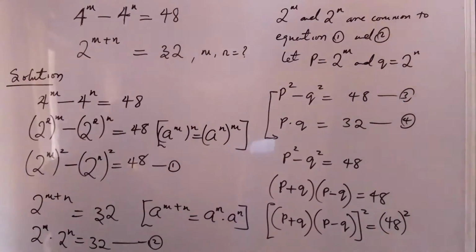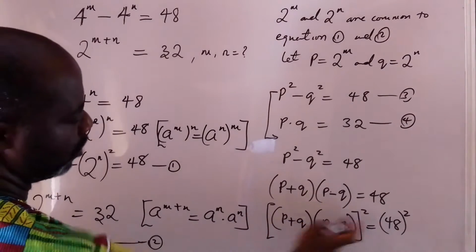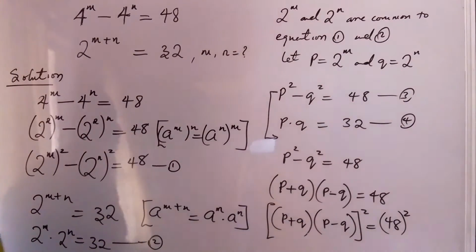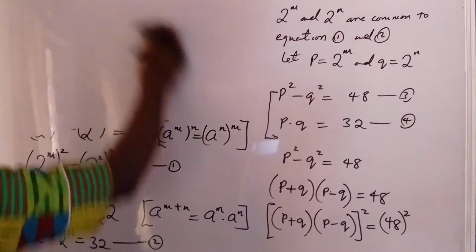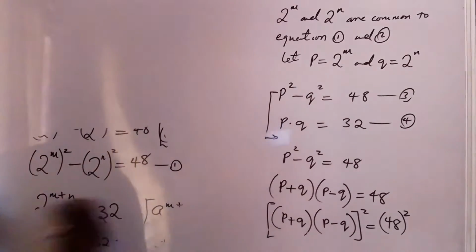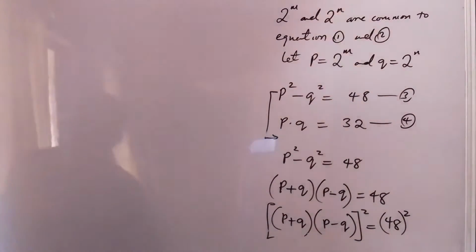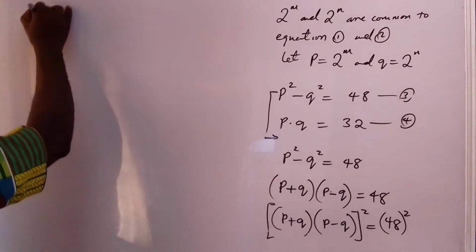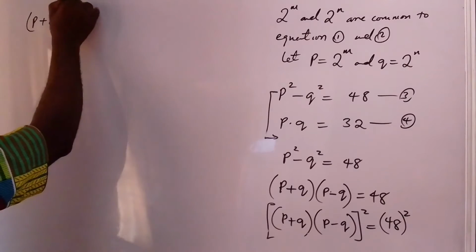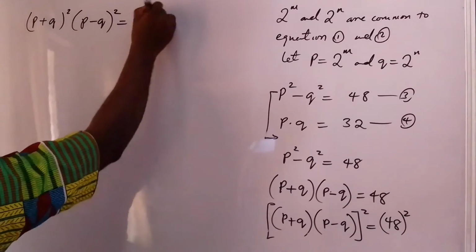Now, having taken the square, I will come back here and expand. So I'm going to distribute this square over these two terms. So this expression becomes P plus Q all squared times P minus Q all squared equal to 48 squared.